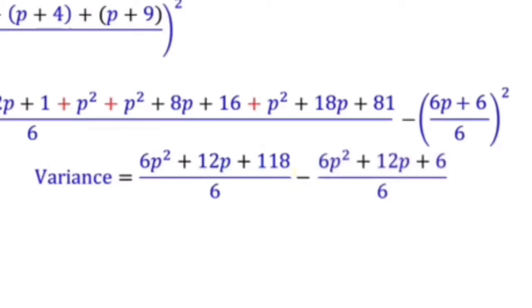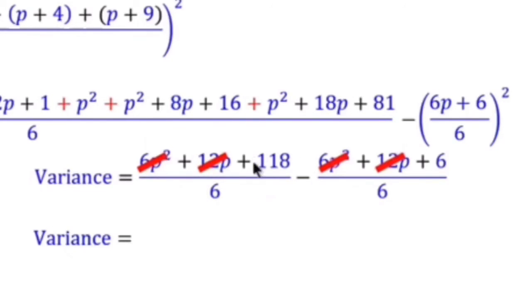And for the mean, we need to make the denominator the same, so we multiply by 6 for the numerator. So it becomes 6p squared plus 12p plus 6. Once the denominator is the same, we can join them and simplify. So now the variance becomes 6p squared minus 6p squared, so the 6p squared cancels out. The 12p also cancels out.